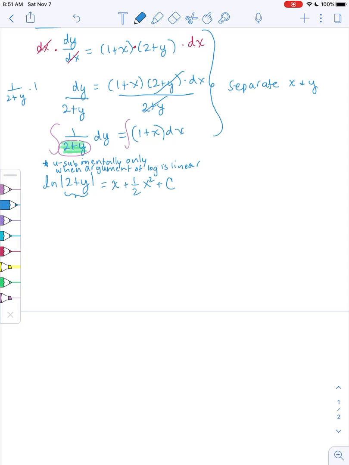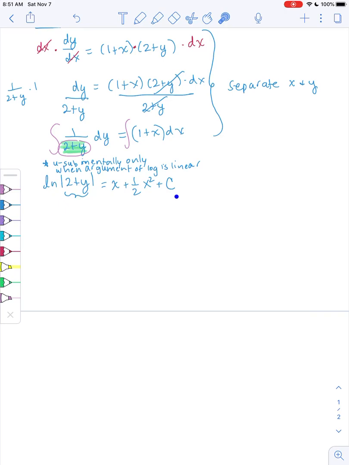Let's talk a little bit about why we don't need the expression of plus c on the left-hand side. So in theory, let's say we did put a plus c on the left-hand side with the ln of 2 plus y. Now, if my goal is to solve for y anyway, I would be subtracting c to the other side. And so whatever this constant might have been, if I subtracted it over here to this constant, it would still remain just a constant.